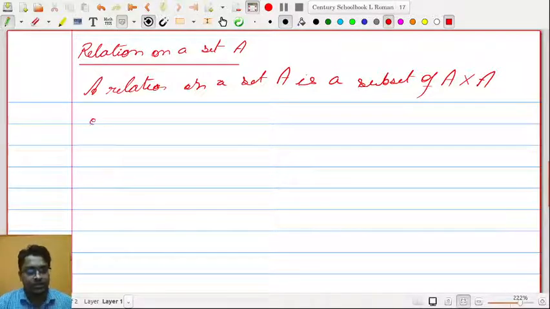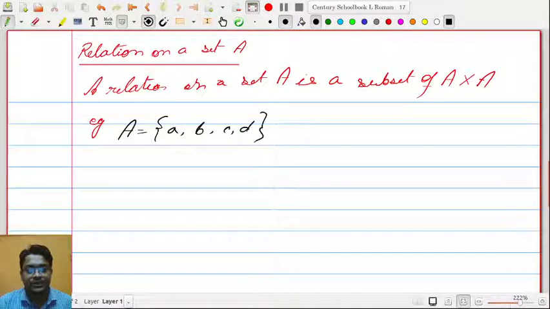For example, if I denote the set A as {a, b, c, d}, then A cross A has 16 elements.